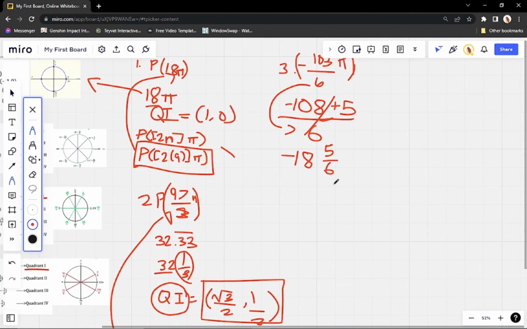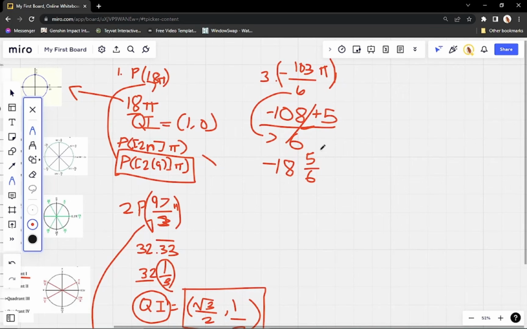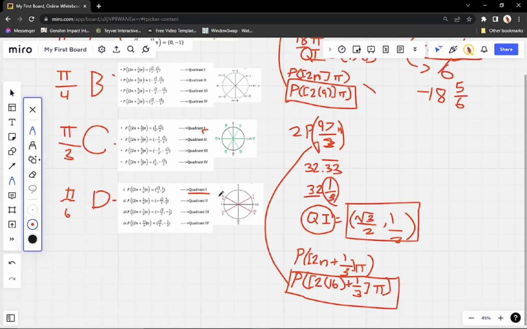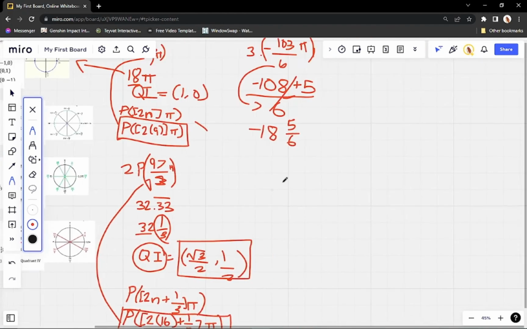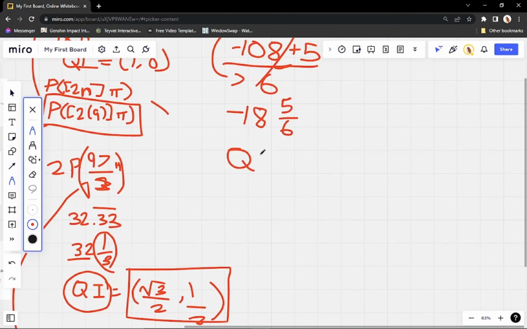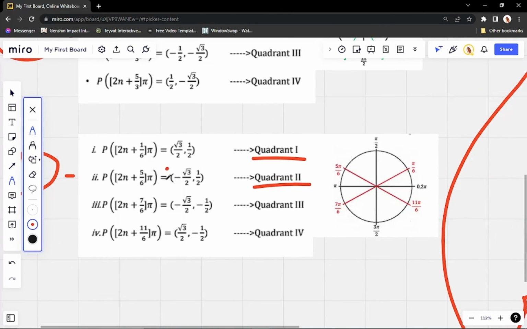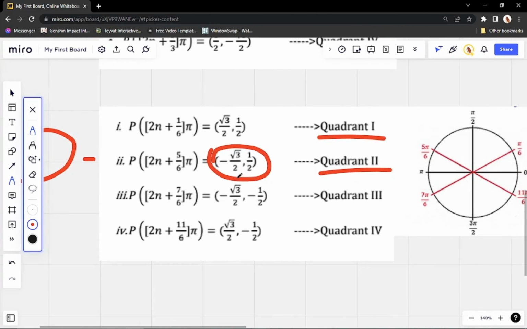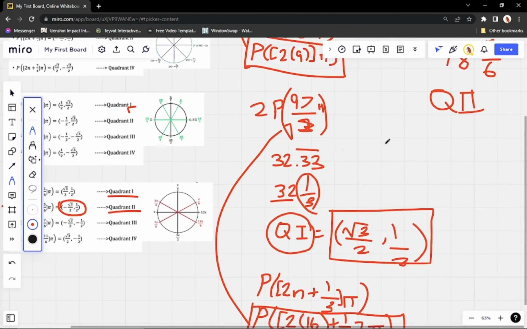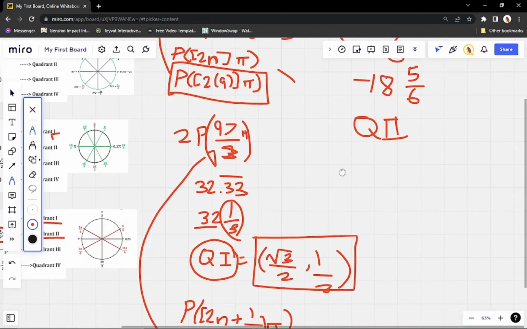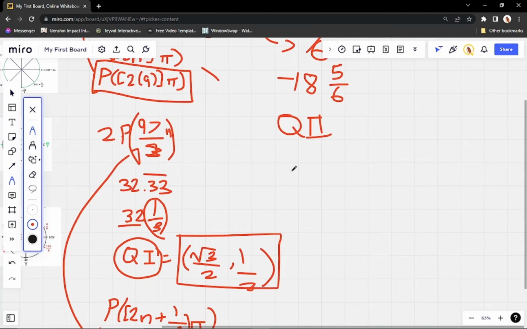Now that we know it is an even number and it has a fraction of 5 over 6, that means that it corresponds to quadrant 2. Quadrant 2 has these coordinates. But we should just solve this first with the given formula so we could know if we solved it correctly.